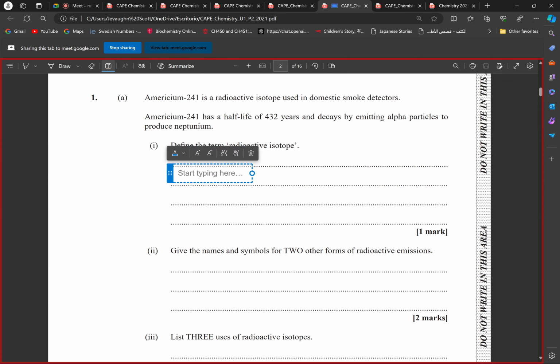Just raise your hand and go ahead. A radioactive isotope is an isotope that is unstable and undergoes nuclear reactions to become stable. Unstable isotope, lovely, that undergoes nuclear reactions or spontaneous decay.